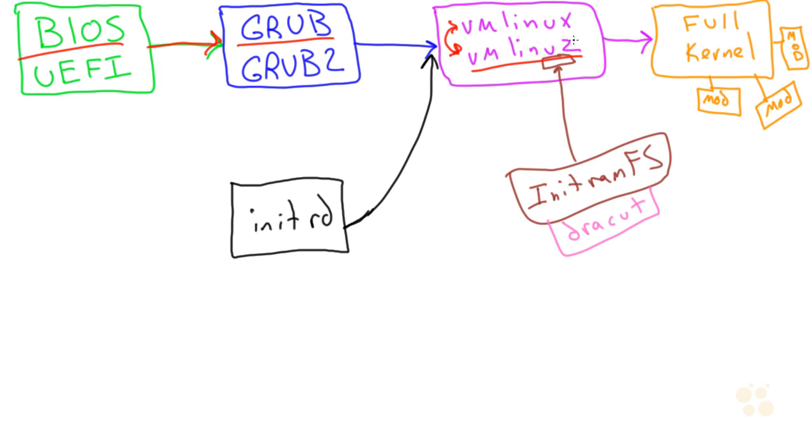And then once the kernel boots up, it will mount all the file systems, and then it will have access to all of the modules that it needs to insert to make things work, like your USB mouse and your keyboard and your monitor and your video card. All those things are modules that are loaded into the kernel.